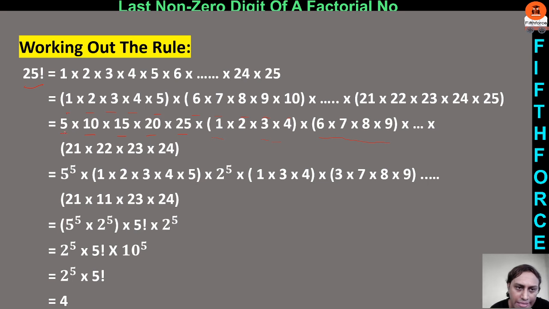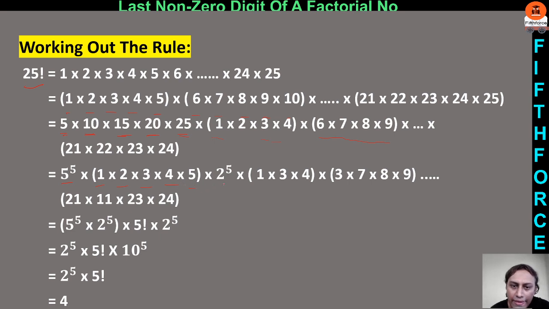So from these numbers, 5's multiple, take one 5 out. So 5 into 5 into 5 into 5 into 5, that is 5 power 5. Alright, and the remaining number, 5 into 1 is 5, 5 into 2 is 10, 5 into 3 is 15, 5 into 4 is 20, 5 into 5 is 25.